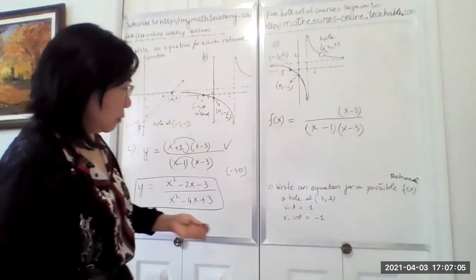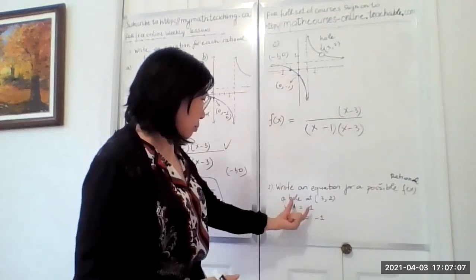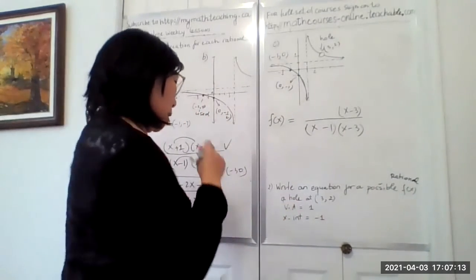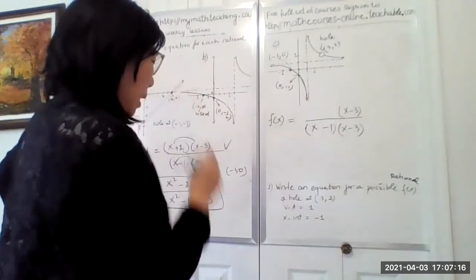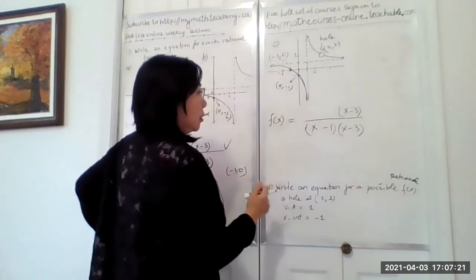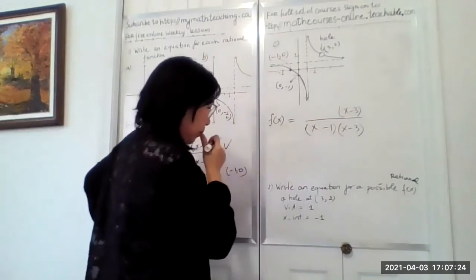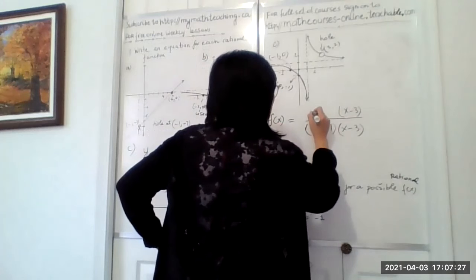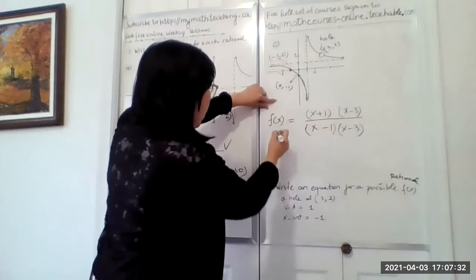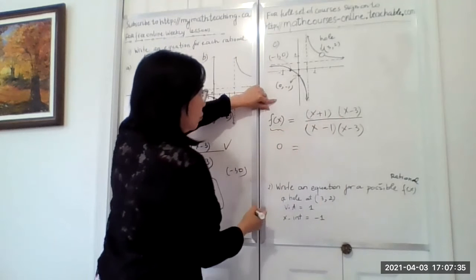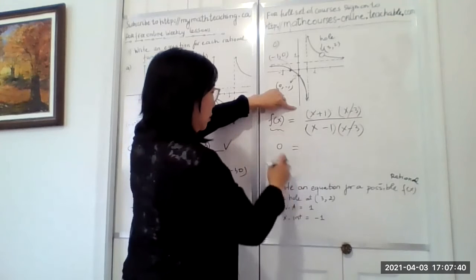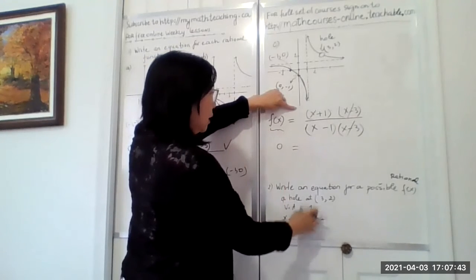What else do we have? Vertical asymptote at 1. Now, it doesn't say anything about horizontal asymptote, right? It doesn't say anything, except that we know our x-intercept equal -1. So let's say our x-intercept is x plus 1, because if we set this equal 0, we cancel this and cancel that because of the hole, then our x-intercept equal -1.